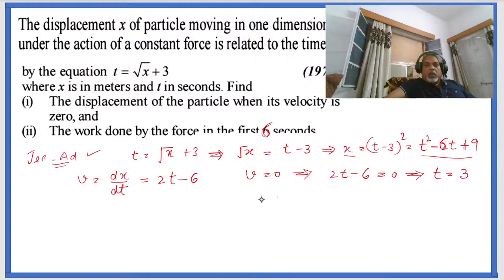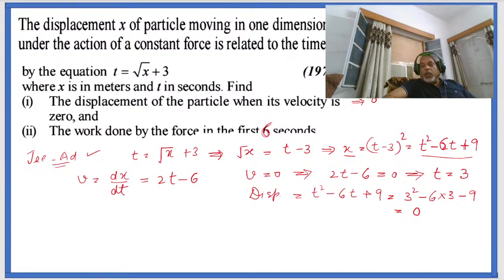Displacement in 3 seconds is given as t square minus 6t plus 9. This will be nothing but 3 square minus 18 plus 9, and this will be 0. So this is coming as 0.